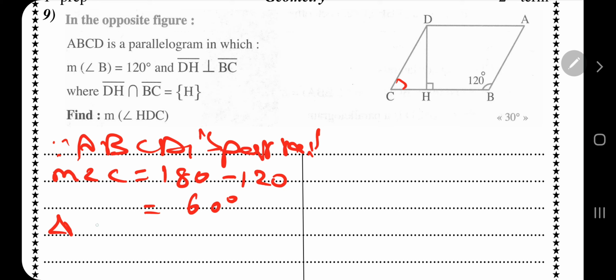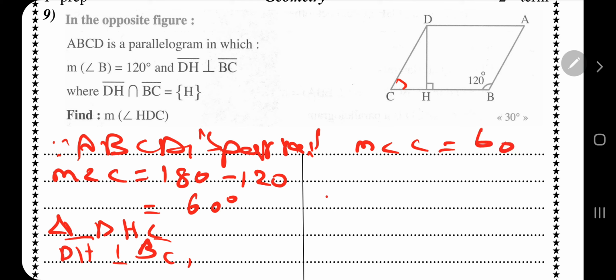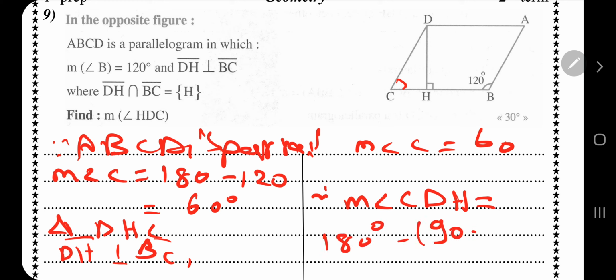In triangle DHC, DH is perpendicular to BC and measure of angle C equals 60, so measure angle CDH equals 180 minus 90 plus 60, which is equal 30.